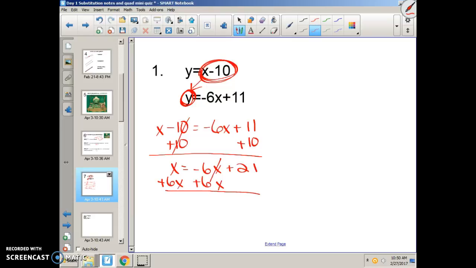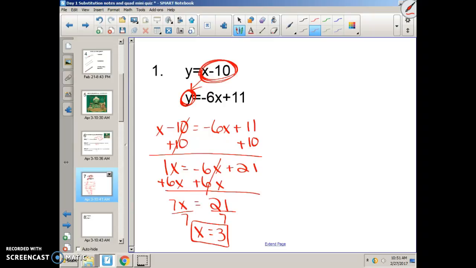Again, this is algebra review. This part is not brand new. You should know how to get x by itself. Some of you can probably already figure this out on your own without me walking you through it. But no matter what route you take, if you moved 11 first or moved the 6x first, it doesn't matter. Either way, you should get 3 for your final number for x.